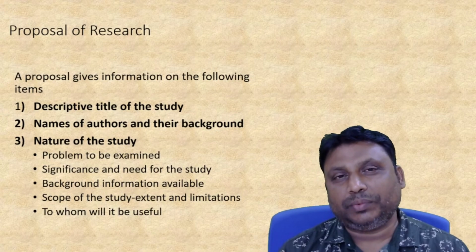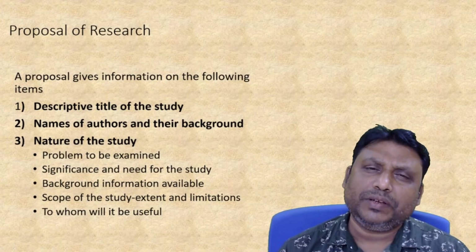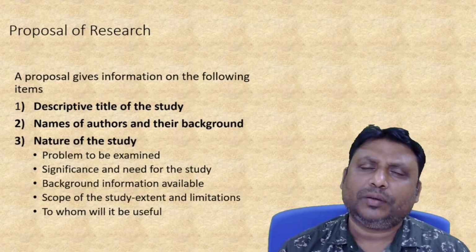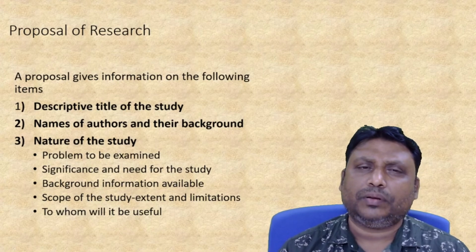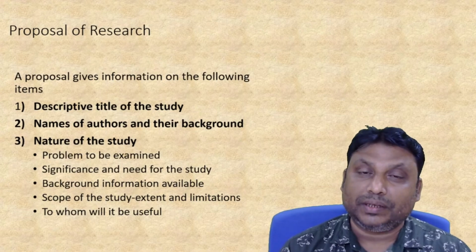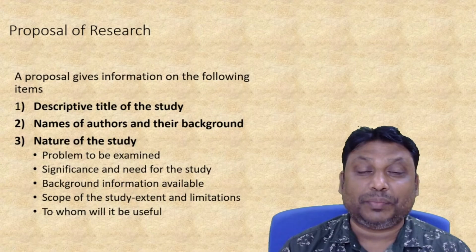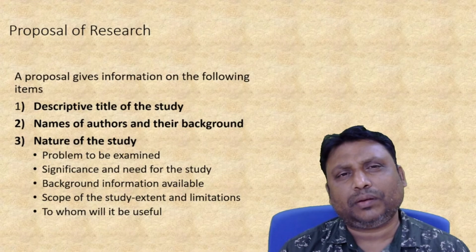So everywhere, they have to first find out the background. If he is a professor of this area, about social economics or anywhere, then he is suitable. The author is suitable for doing the research work in the particular topic. If your background does not support you to do the research work in the particular topic, they will not accept your research proposal, and they will not admit that you do your research work in that particular area.